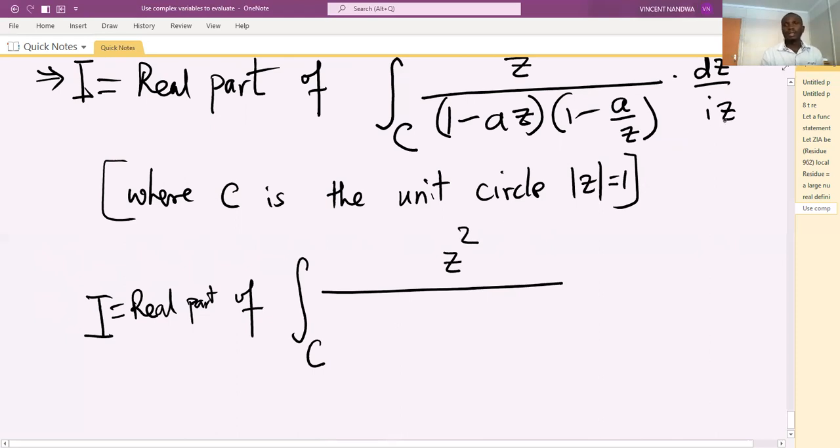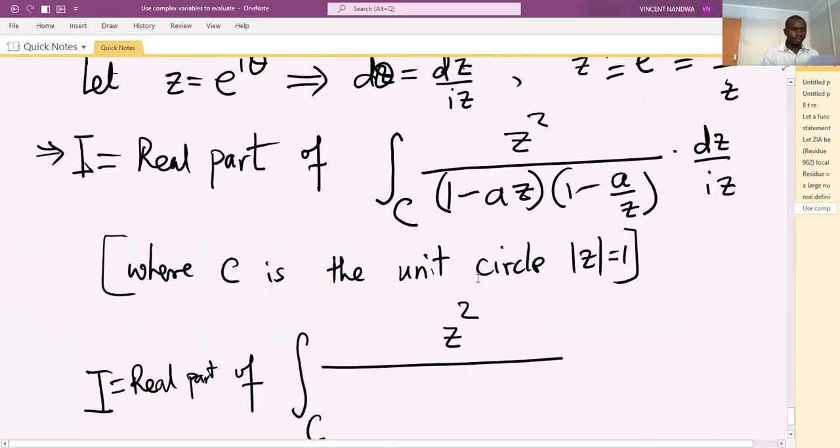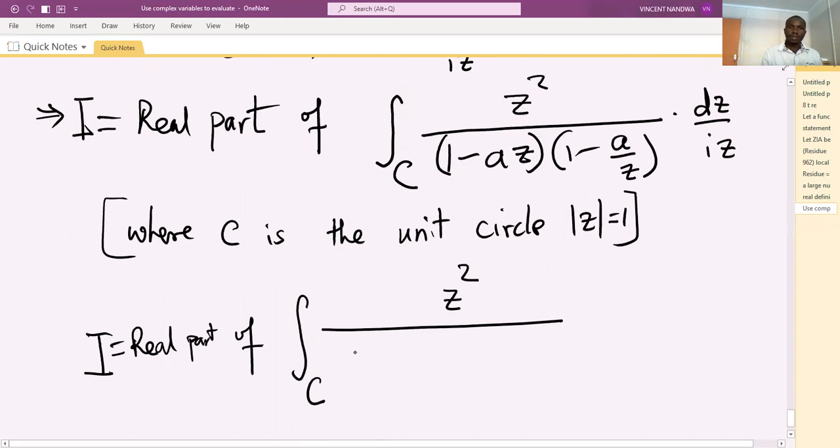Now this iz multiplies every term here, so I can multiply, so z, this is the same as 1 minus az times, so this is the same as z minus a over z.